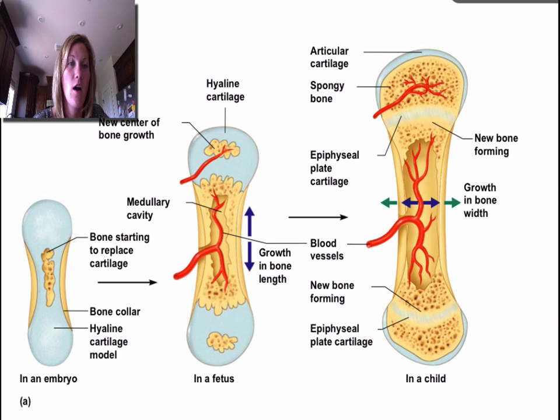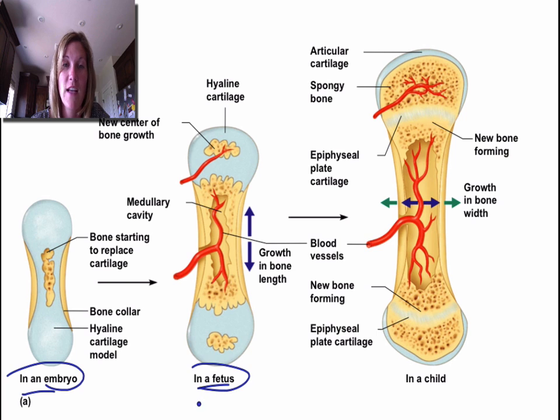Okay, so here are a couple of little pictures. When we have an embryo, we have the hyaline cartilage model. Then eventually in the fetus, so embryo, we're not very far along in development. Once we're a fetus, we're a lot later in development, and eventually this cartilage is replaced by bone.